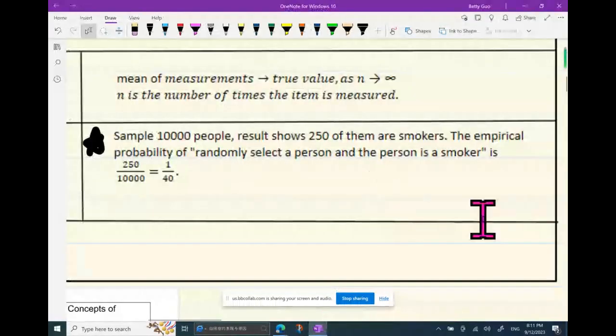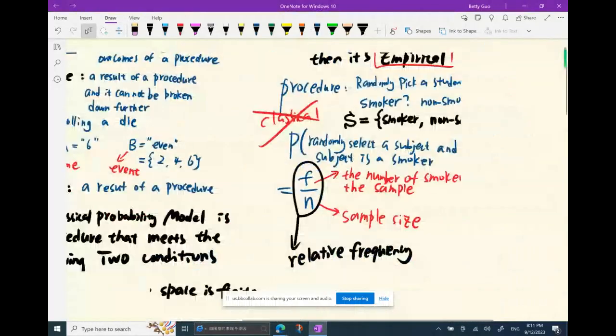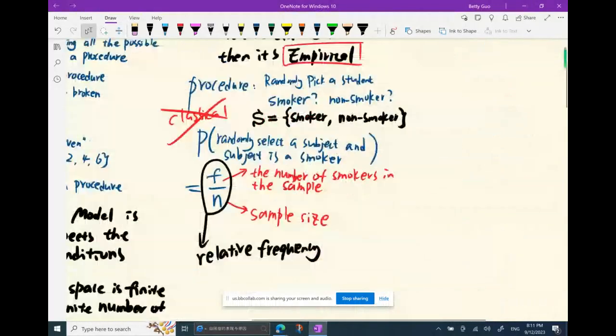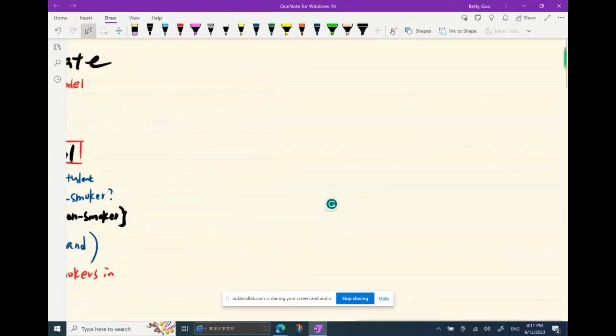So now allow me to spend a little time to explain empirical probability. Empirical probability is just an estimate. Let me make an analogy. I would like you to understand what probability really is.